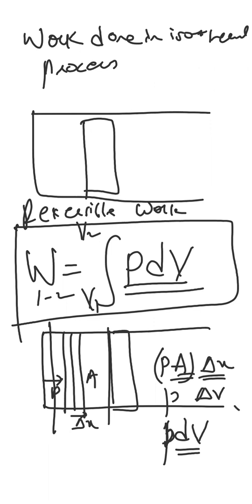This is not the work done in an isothermal process. This is the normal work done everywhere. You can apply it anywhere. For a reversible process, work done is equal to the integration of P dV. Note this down and raise your hand.